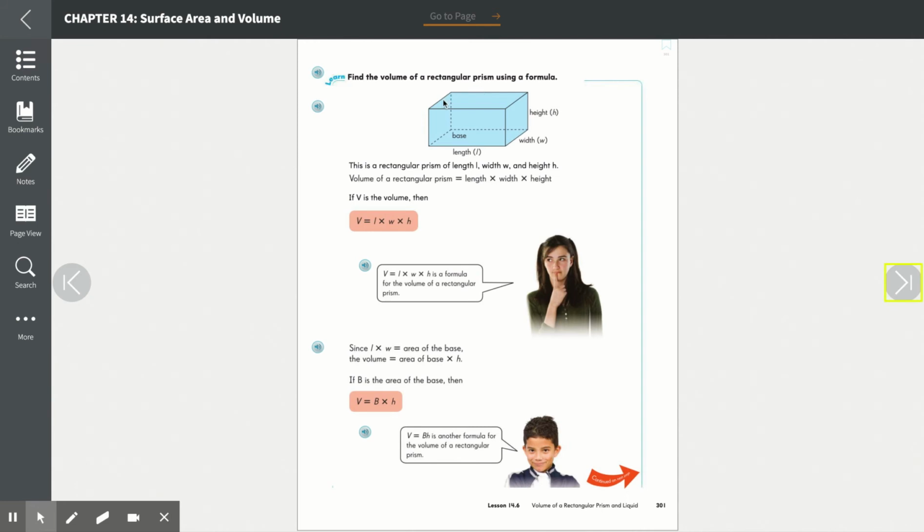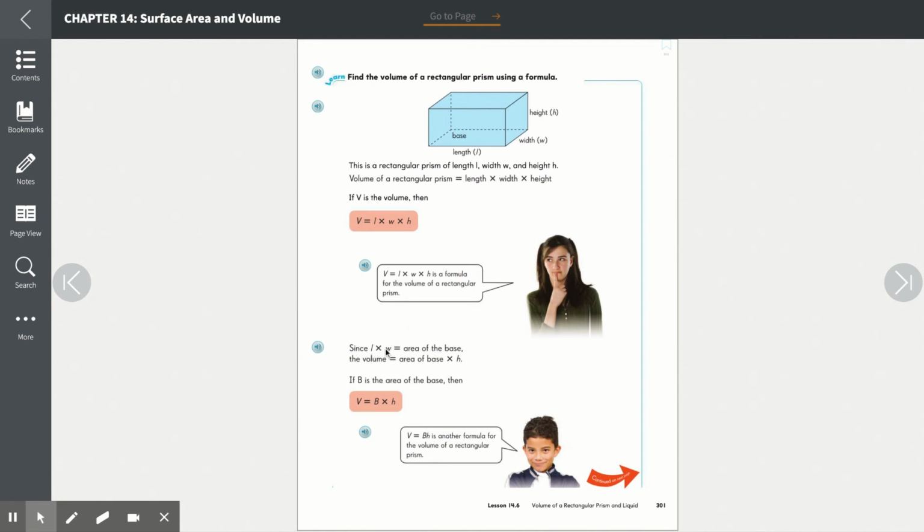So to find the volume of a rectangular prism using a formula, this is a rectangular prism of length L, width W, and height H. The volume of a rectangular prism is length times width times height. So the formula would be written like this. If V is the volume, then V equals L times W times H. V equals L times W times H is a formula for the volume of a rectangular prism.